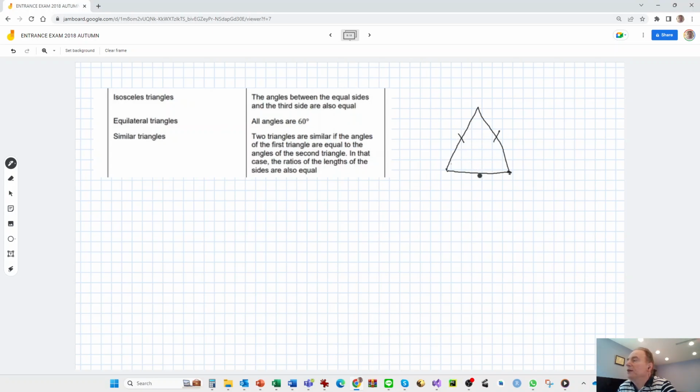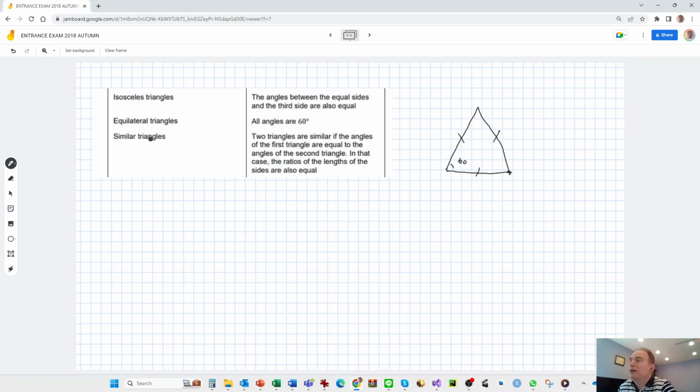And if all sides of a triangle are the same, which is not the case in the one I drew here, then it's called an equilateral triangle. And in that case, all the angles here are 60 degrees. Okay. And I actually have seen a question, that's why I also add this to the video, where you have to prove that a certain triangle is equilateral. So definitely something you need to know.